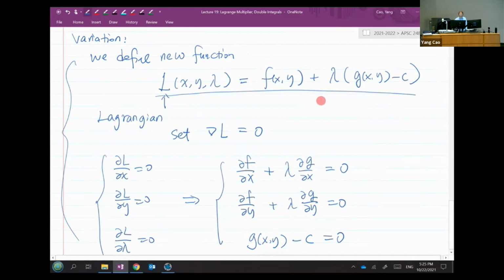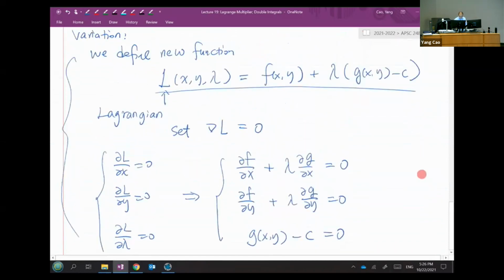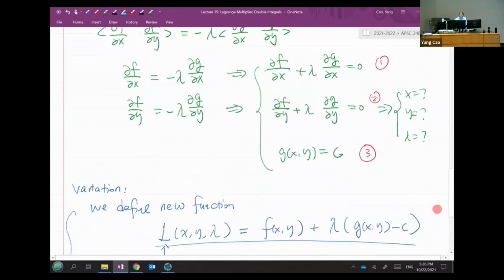I only have a function given as L. So essentially the purpose of the introduction of this new function, the Lagrangian, is to transform the original constrained problem into an unconstrained problem. So that's the idea of introducing the Lagrangian here. Now, when you solve this kind of question, it doesn't matter which one you use, but I think most of the time you can just use equations 1, 2, 3, and that'll be okay.